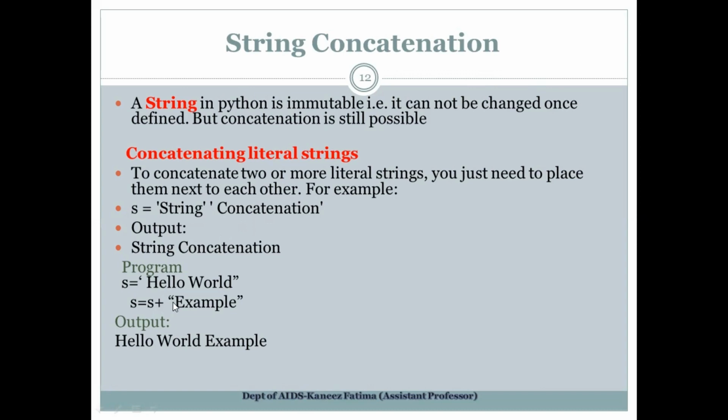So "example" is added to "hello world", and I get the output "hello world example". This is a small but important method: as we observe that Python strings are immutable in nature, if you still want to concatenate multiple strings, we can use the string concatenation method.